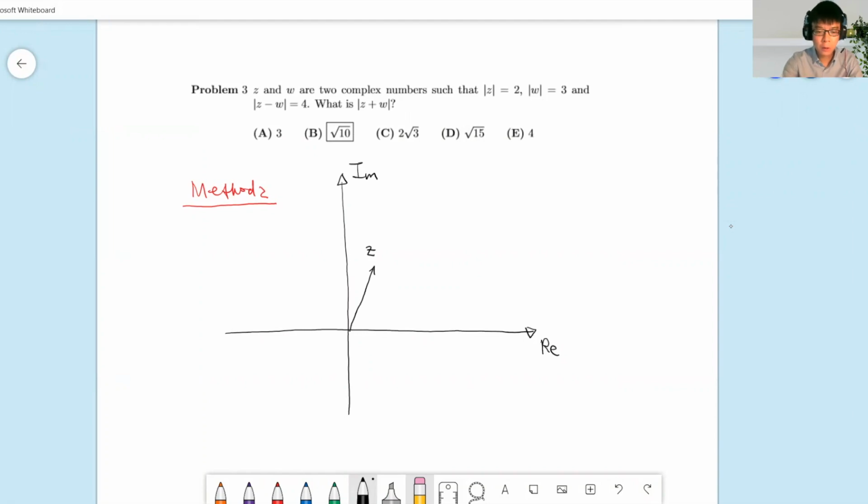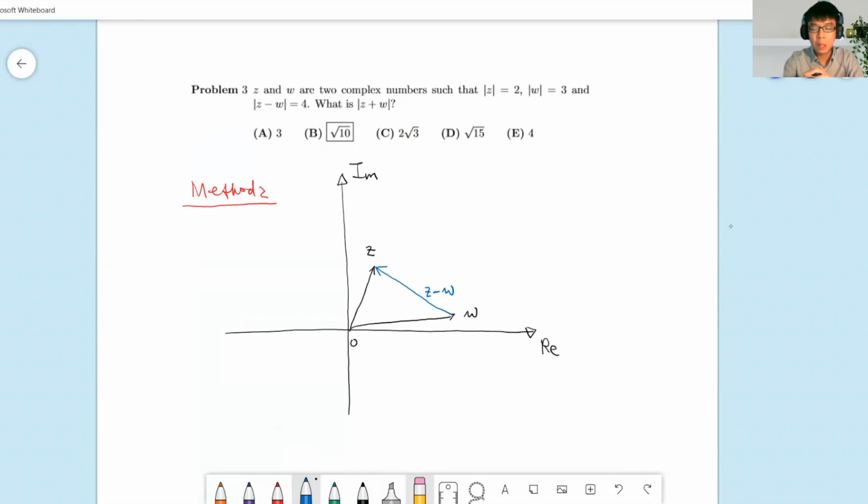I'm using a vector. Now w has modulus 3. So I'm going to draw 3 here. That's w. Right, here we have z minus w has modulus 4. That basically means the distance between z and w equals 4. So let me connect this. So this is the z minus w. This vector or this complex number has length 4.